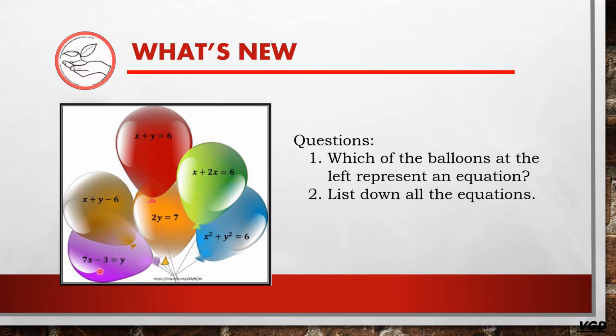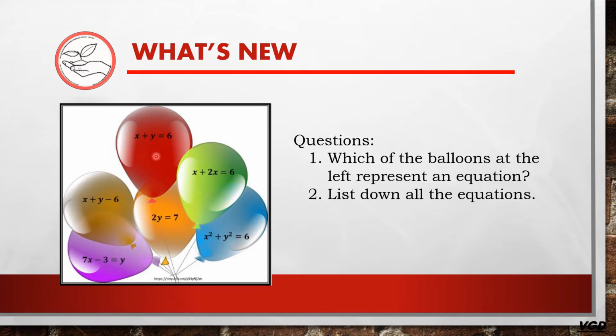So we have here 7x minus 3 equals y. Is it an equation? Yes, it is. Now, let's have x plus y minus 6. Is it an equation? Think. Yes, it is an equation. How about x plus y equals 6?